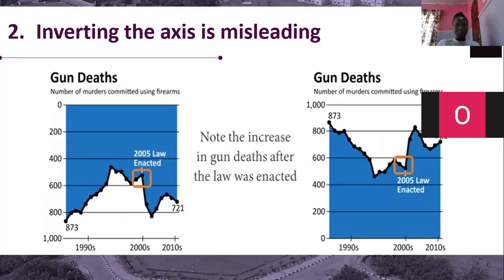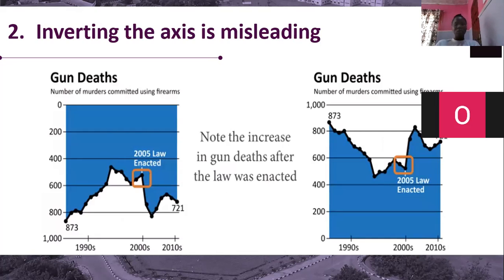Then, inverting the axis can also be very misleading. If you see the graph on the left-hand side, zero is at the top instead of at the bottom, which is the conventional way it should be. In the graph on the left, there's a box that shows when a law was enacted in 2005.